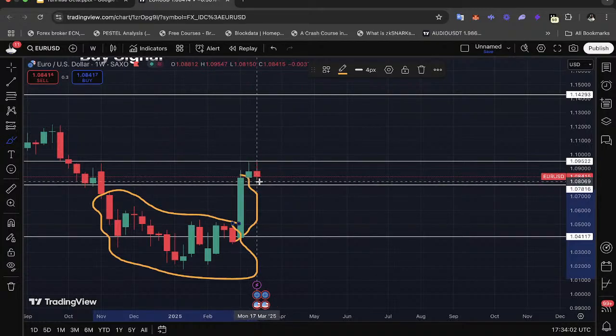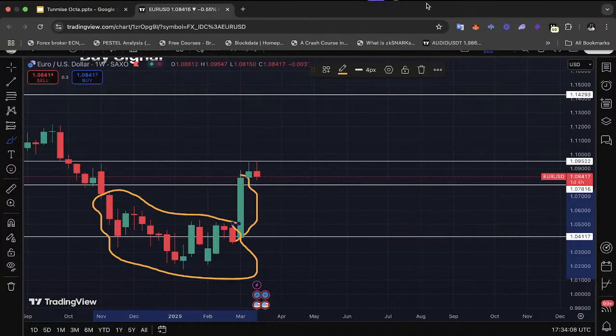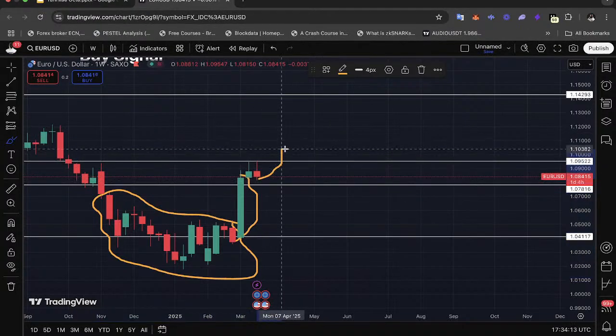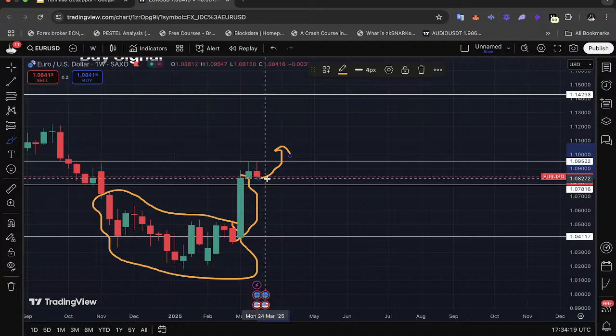So what we may be expecting from this week, since this week is already gone, is a further push up in price.